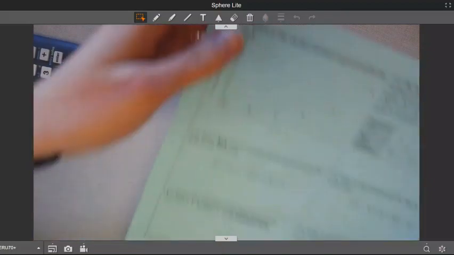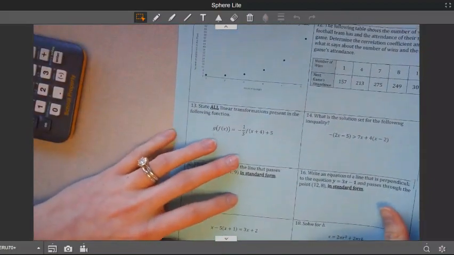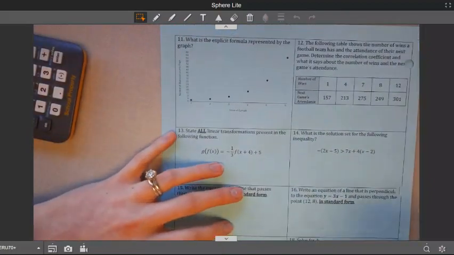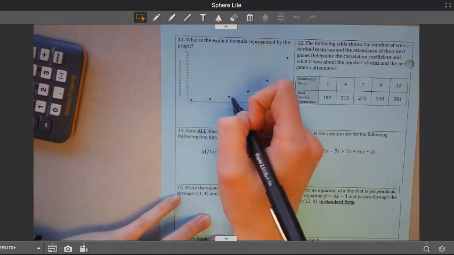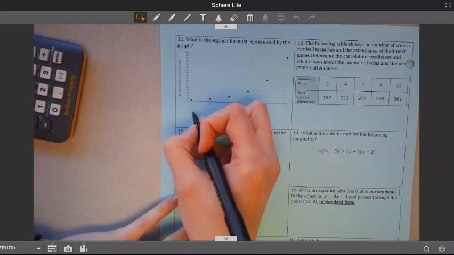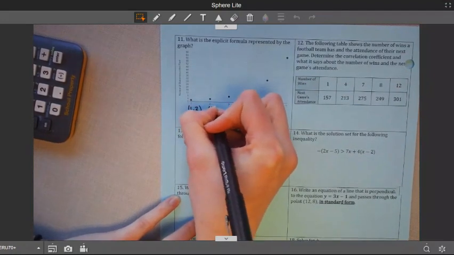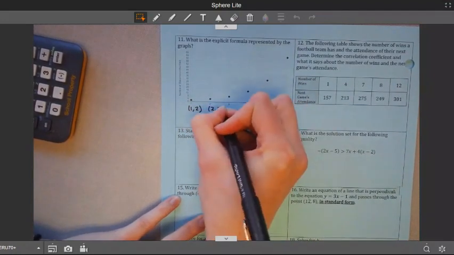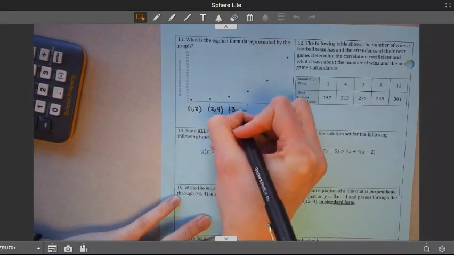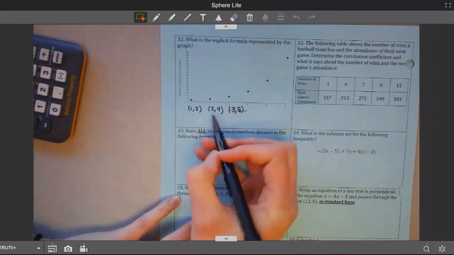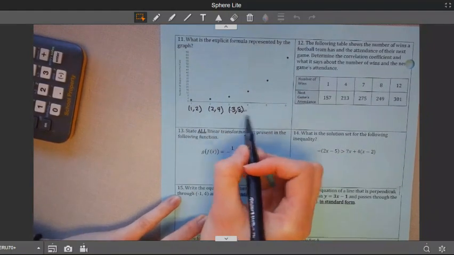Number 11 says, what is the explicit formula represented by the graph? Okay, well, this is the first term, second term, so on and so forth. Well, the first term is at (1, 2), and the second term is at (2, 4). My third term is at (3, 8). So here, looking at my y values, I see I'm doubling every time.